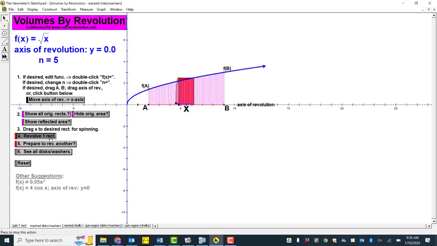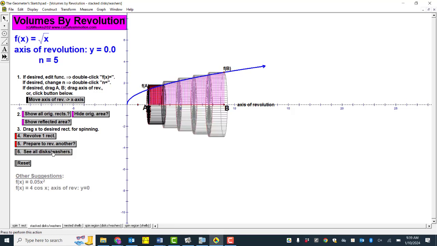Now, I'm going to revolve one that's not infinitely small, but this single one will show you what we're looking at. We're revolving this in there, and the idea is to make that rectangle really, really small. So if we revolve all of them, we see that they're stacking on each other and we're adding them up, and those sum up to the whole volume of that shape.